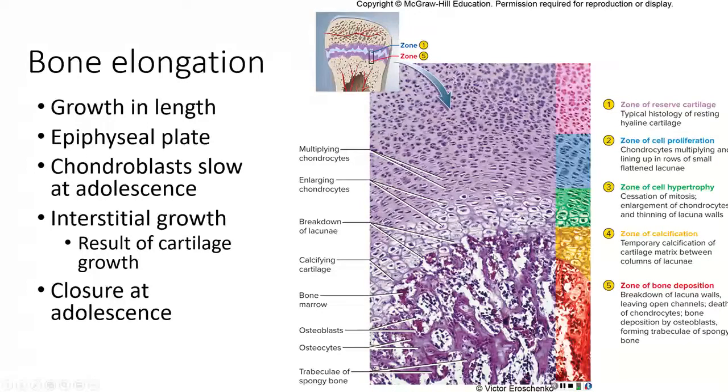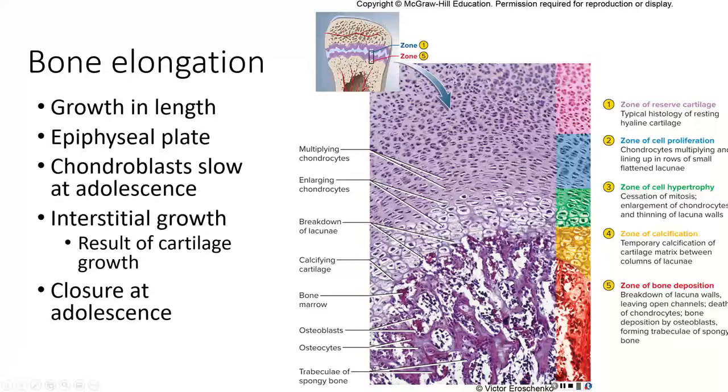It's going to start to crystallize. And as that mitosis keeps going, and we keep pushing more cells into the hypertrophic zone, the calcification zone is pushed down into the last area down here, the zone of bone deposition.